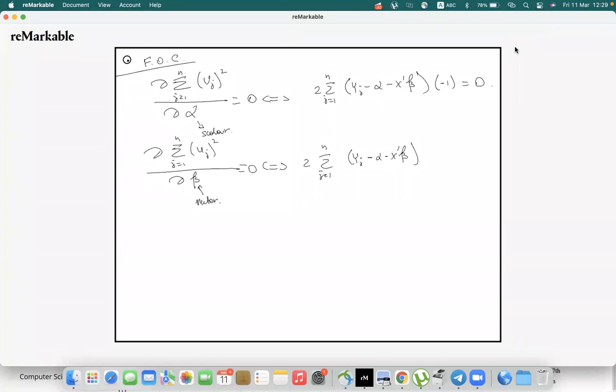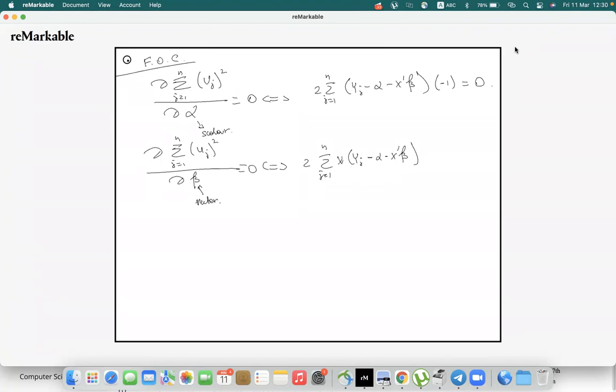Because we are minimizing with respect to the alphas and betas. But it's still a vector, right? The beta is a vector because it has a lot of components. We took the first derivative of the function, and then we apply the chain rule. Here you see that the derivative of x transpose beta with respect to beta is x without transpose.